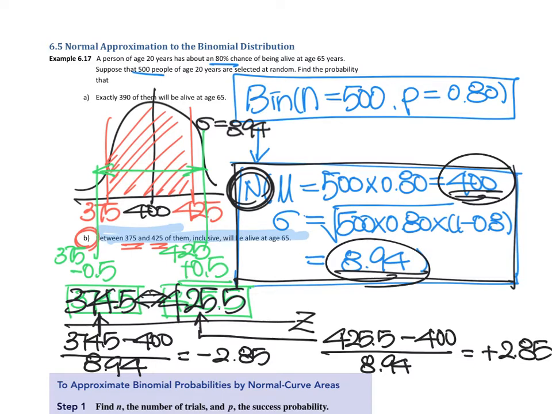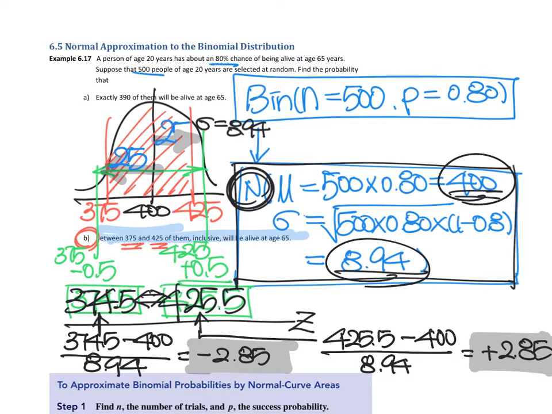Now you can see the z-scores. The left one is negative 2.85, and the right one is positive 2.85, because the distance from the mean is exactly the same. It was 25.